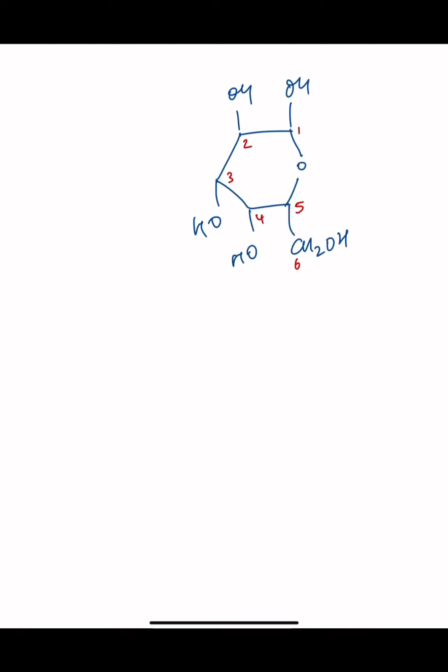Now I'm gonna draw you another one in here, in the bottom. Look at the way I put it. It's kind of important, so it'll be easier for you to write your disaccharide. So the same thing, I put the number 1, 2, 3, 4, 5, and 6, right?